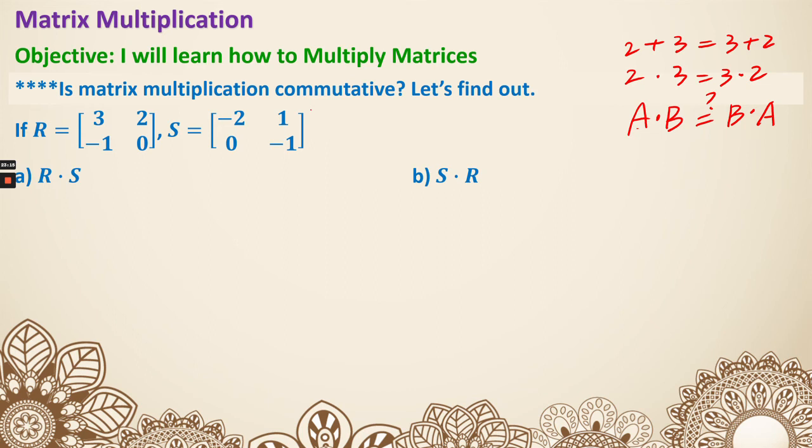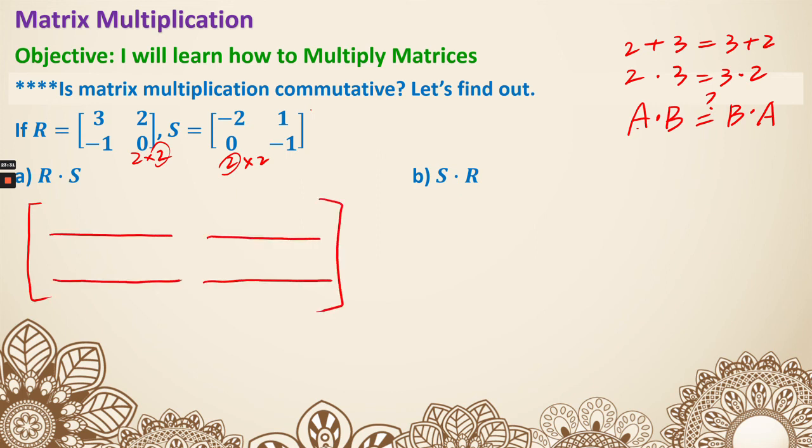I'm going to start writing the answers. They're all 2 by 2s. So clearly our result is going to be 2 by 2 and we can actually multiply them. First row, 3, 2, 3, 2, -1, 0 for second row, and then first column, -2, 1, -2, 1, -2, 0, and then 1, -1, 1, -1.